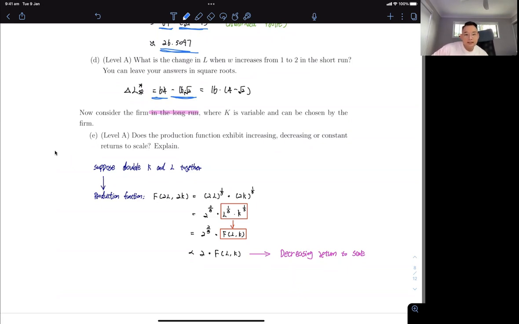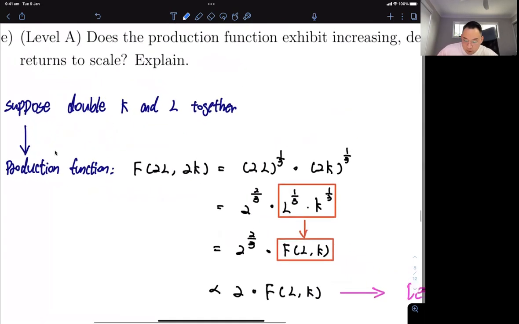Suppose that we denote K and L together. The question is asking us whether we have increasing, decreasing or constant returns to scale. If you remember, how do we do this? It's simply multiplying both inputs by 2, or any positive value. So by doubling K and L, we have the function of 2L and 2K. This will equal 2L to the power of 1/3 times 2K to the power of 1/3.